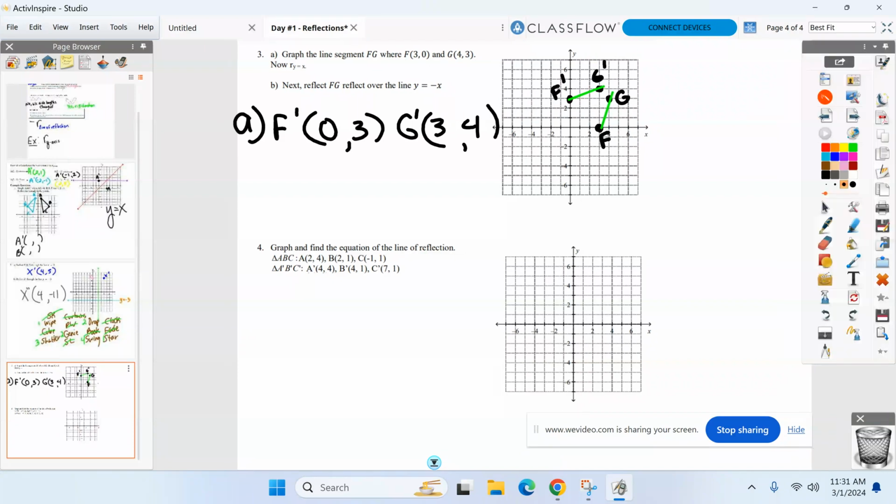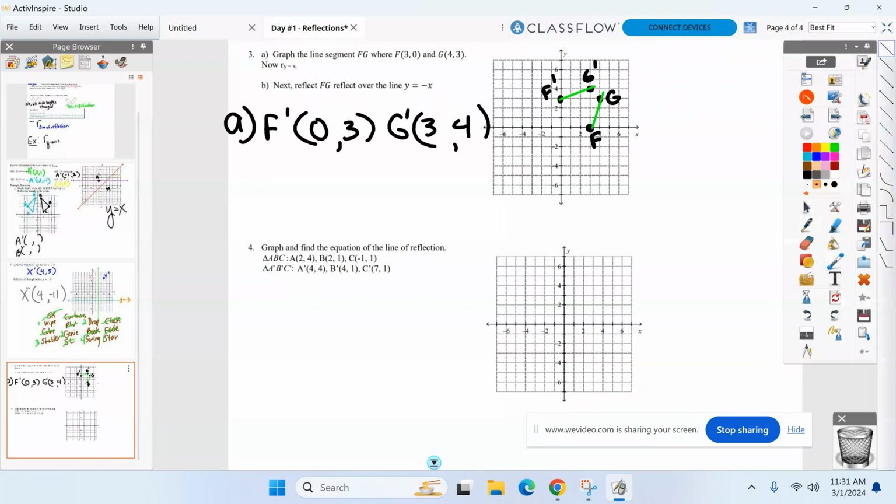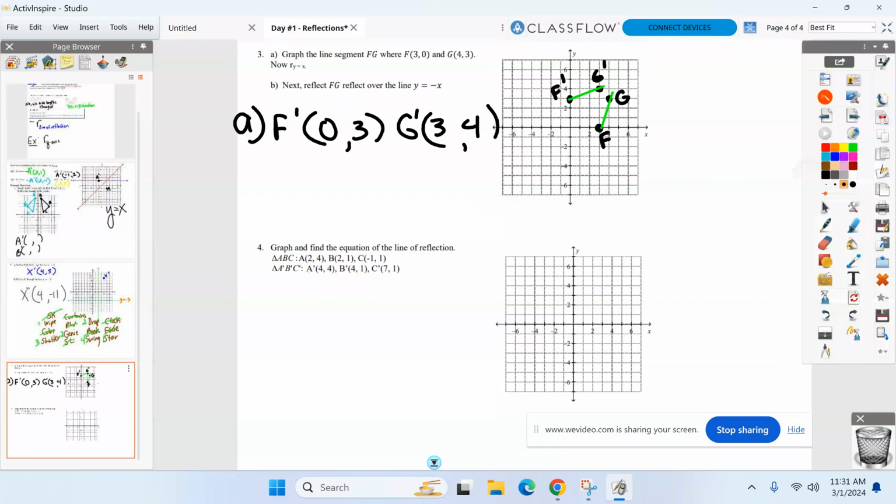Now, I know some of you may think that doesn't look reflected, but remember the line. I'll do this real quick for you. Remember the line we're reflecting over is this one. If I fold my paper over that line, I think they're going to match up. So they are reflecting.